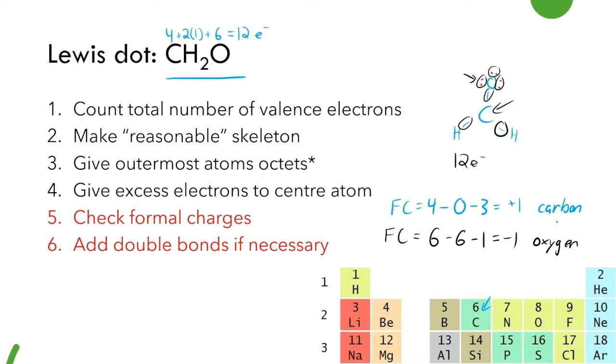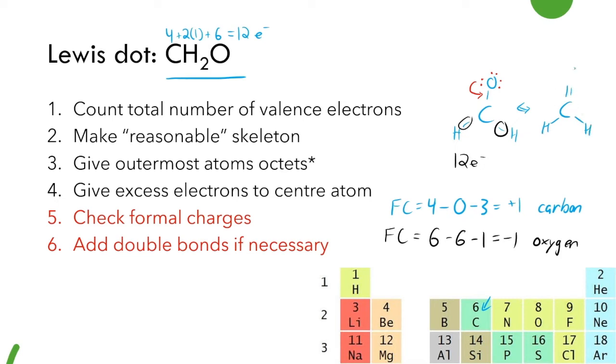We want formal charges to be 0 as much as possible. So we're going to do something a little bit clever here. We're going to take some of these electrons from the oxygen and put them down into this bond. When we do that, we come out with a different structure.